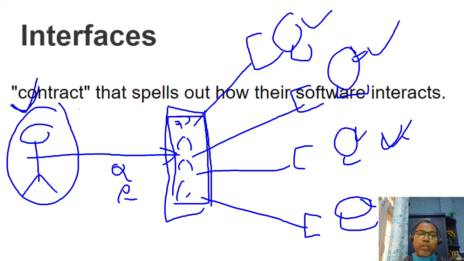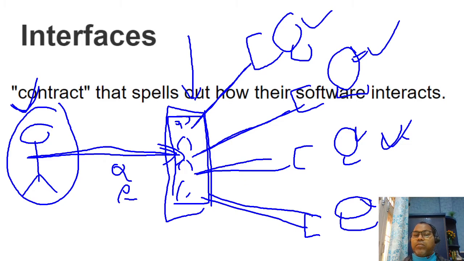How the software consumer consumes your function, which method to invoke, and what the syntax is should be defined in the contract. This contract is the interface, and the same interface can be implemented by MySQL, Postgres, Oracle, or any other database. So an interface is a contract between your software provider and a software consumer.